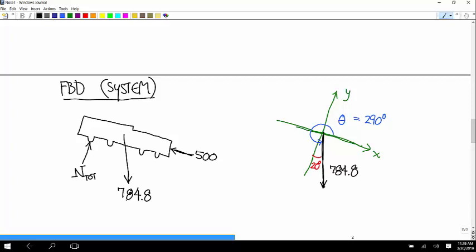So that weight force is going to be 784.8 times cosine of 290, 784.8 times sine of 290. Could someone punch that into a calculator?